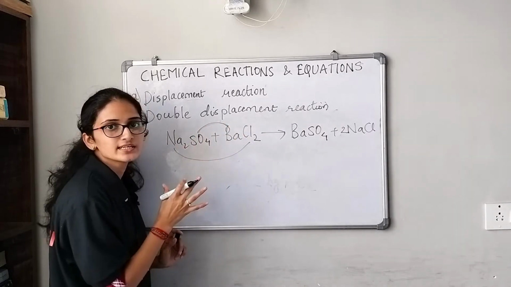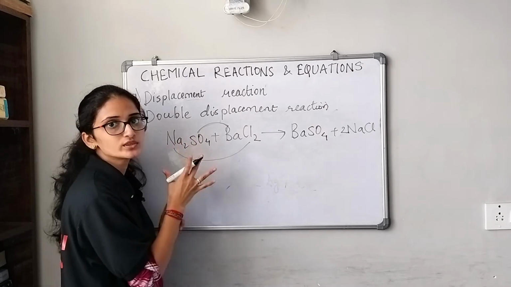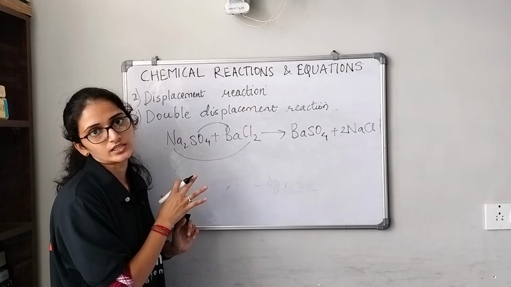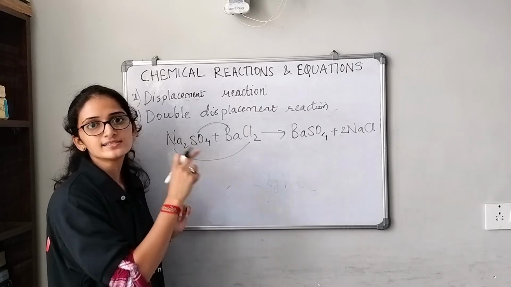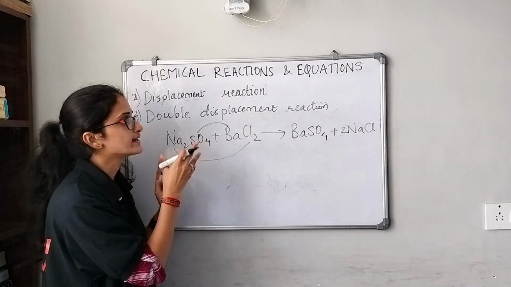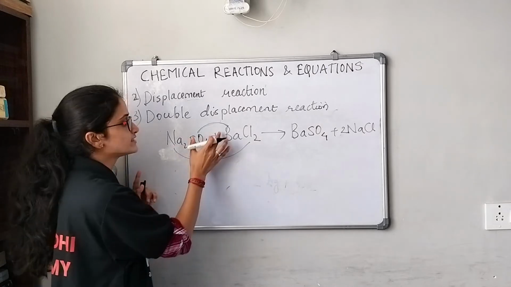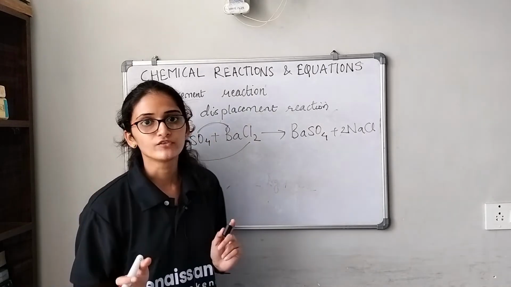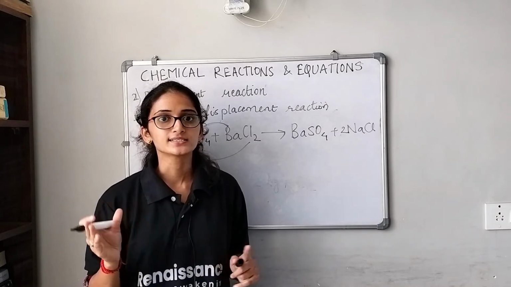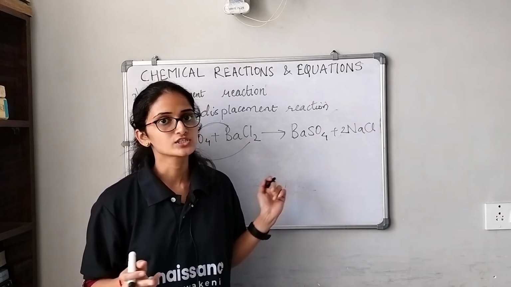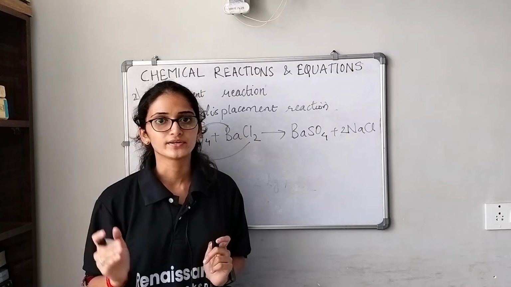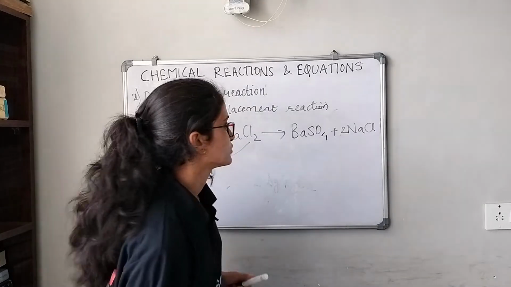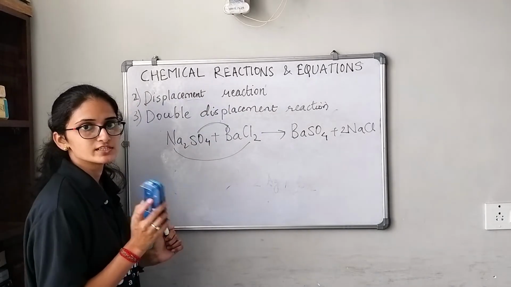In this reaction, the ions of both reactants are getting displaced with each other. Two ions are getting displaced with each other, that's why it is called a double displacement reaction. So the reactions in which ions in the reactants get displaced with each other are called double displacement reactions. Understood? So this was all about the double displacement reaction.